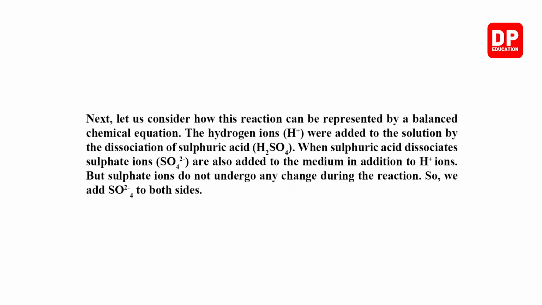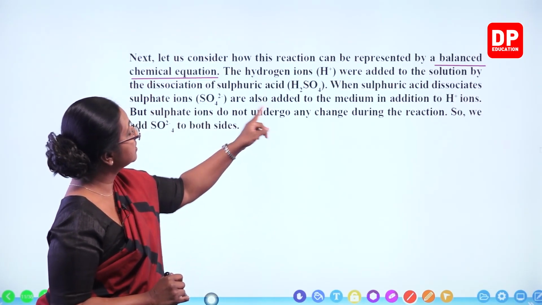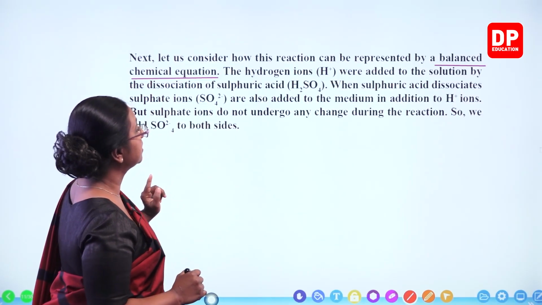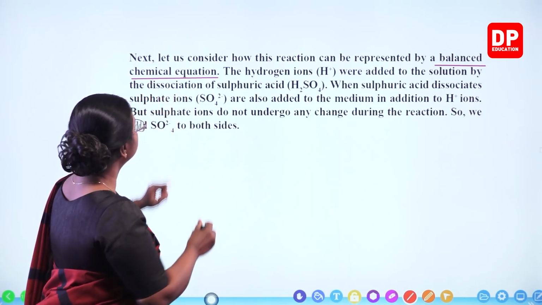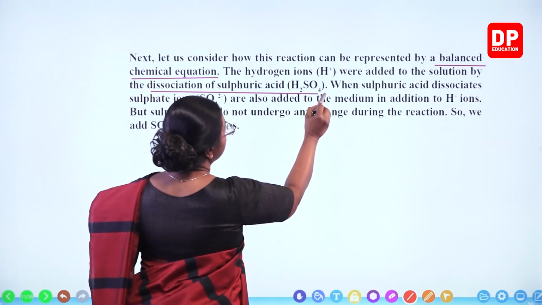Next, let us consider how this reaction can be represented by a balanced chemical equation. Now, we need to write a balanced chemical equation. The hydrogen ions H plus were added to this solution by the dissociation of sulfuric acid.